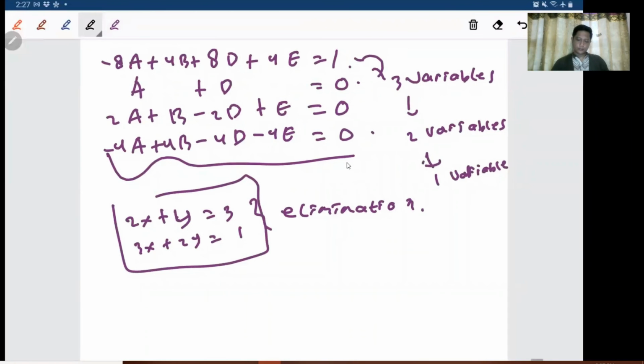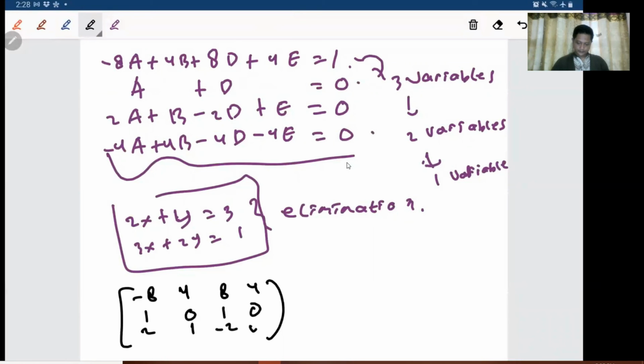Or if you know elementary algebra, you can rewrite it like this: minus 8, 4, 8, 4, 1, 0, 1, 0, 2, 1, minus 2, 1, and then minus 4, 4, minus 4, minus 4.